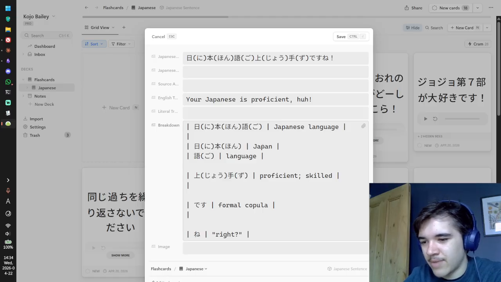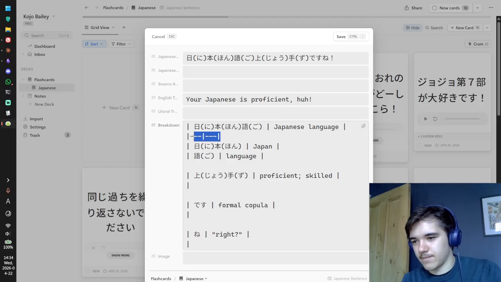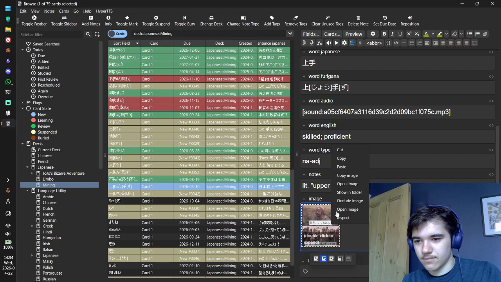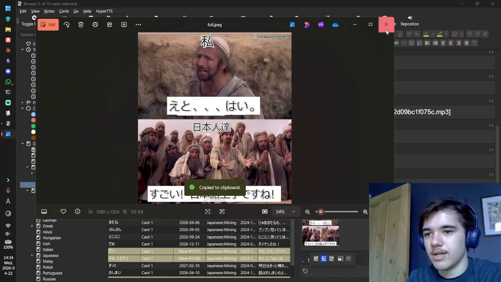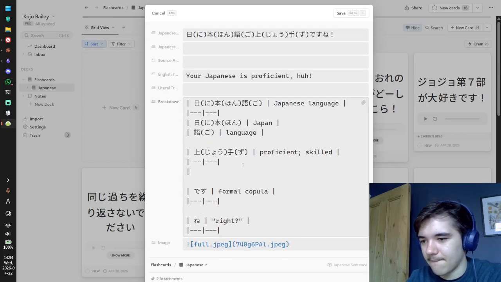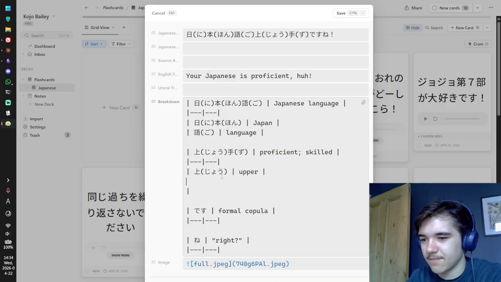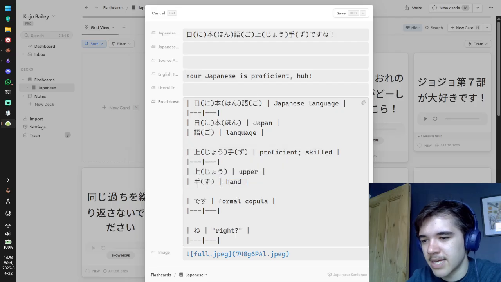Yeah, that will do. That'll do, donkey. That'll do. All right. Jozu literally means upper hand. That's crazy. Jo, upper, zu, hand. I mean, te usually, but for some reason, zu in this case.